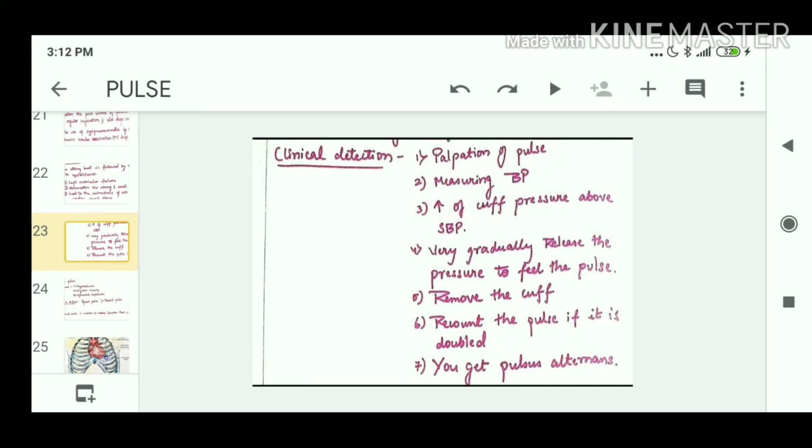If it is doubled, you get the pulsus alternans.